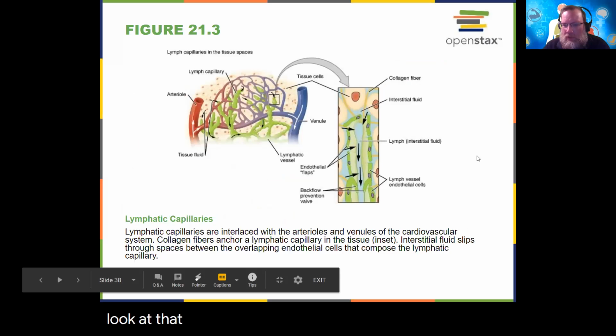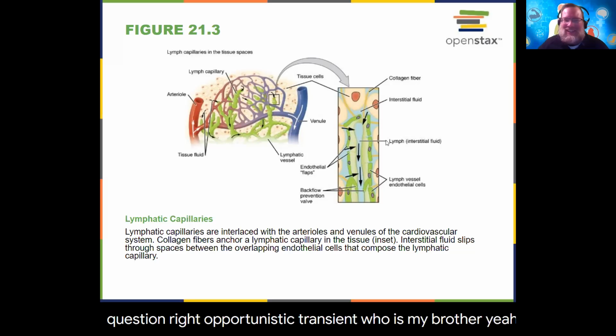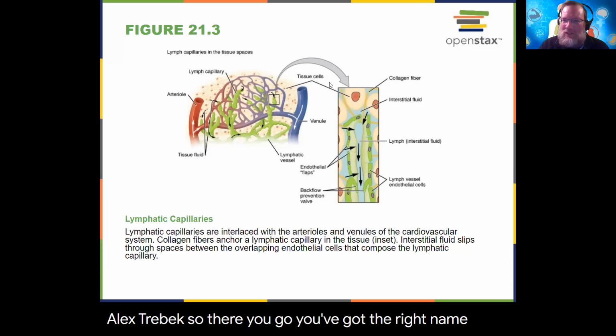Hold on, there's a couple things over here in the chat. Let me make sure I got my ducks in a row. Jeopardy question, right? Opportunistic transient. Who is my brother? Yeah, that's classic. Yes. Hey, Lori, we need a new Alex Trebek. So there you go. You've got the right name. Toonstra, is that how you pronounce it?